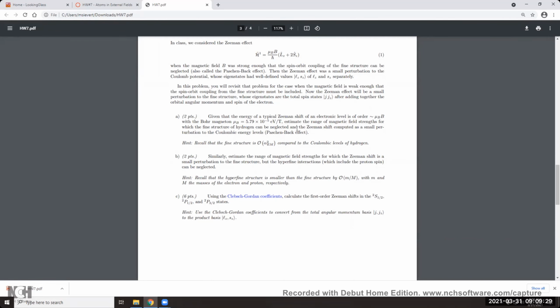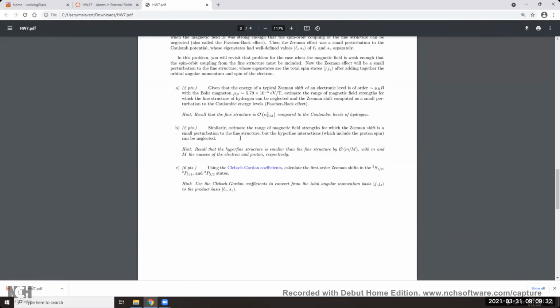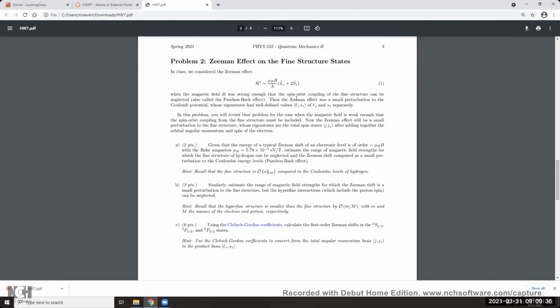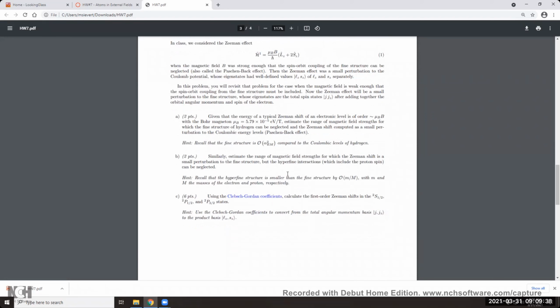So you can estimate the range of the magnetic fields. And then similarly, you can estimate the range of the magnetic fields appropriate for this problem, where the Zeeman shift is a small perturbation to the fine structure energies, but it's still big enough that you can ignore the hyperfine structure. So these are just some numerical estimates, not really much involved there.